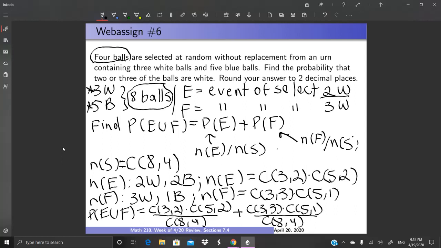Once you add these two probabilities, you have the probability of selecting 2 or 3 white balls.